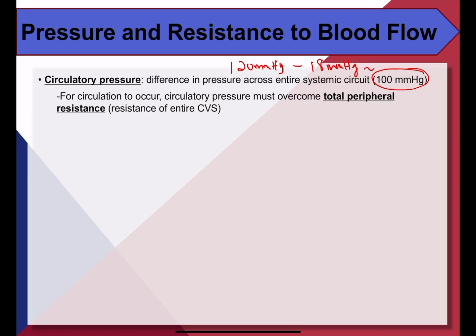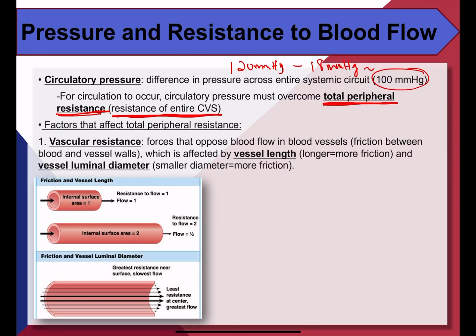So in order for circulation to progress properly, the circulatory pressure must overcome the total peripheral resistance, which is the resistance of the entire cardiovascular system. Now, there are different parts which can contribute to the total peripheral resistance of the entire cardiovascular system. So what are they?